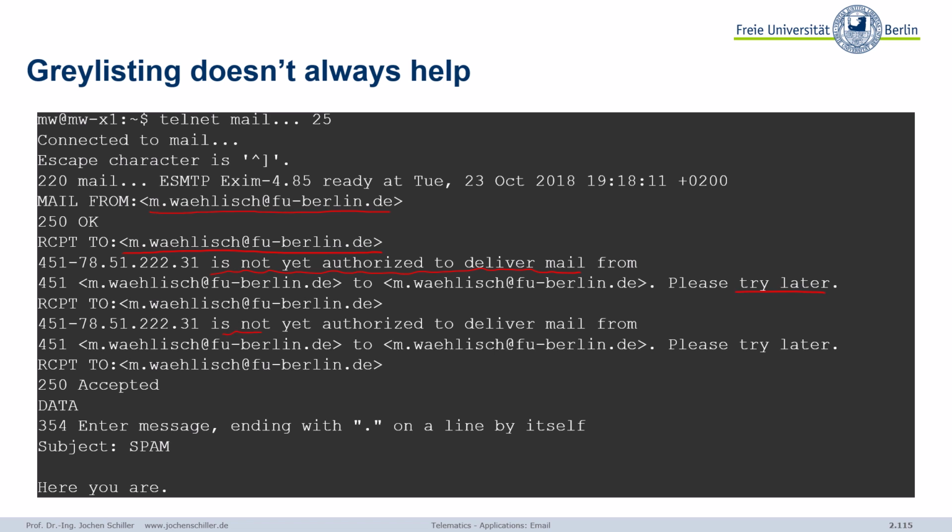Okay, now depending on the setting, no, you're still not authorized. Try later, and then you try a 3rd time, accepted, and then you send your spam. So, greylisting, that's just one way of doing it. It is partially successful unless you try several times. So one way to go around greylisting is trying it several times.